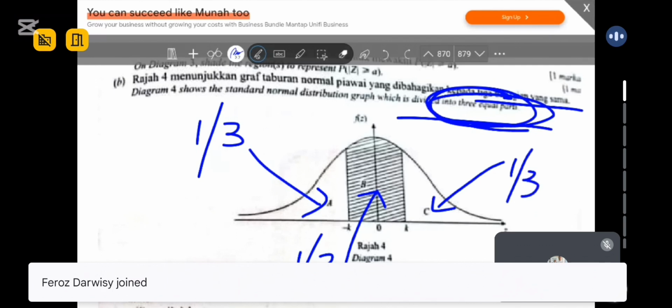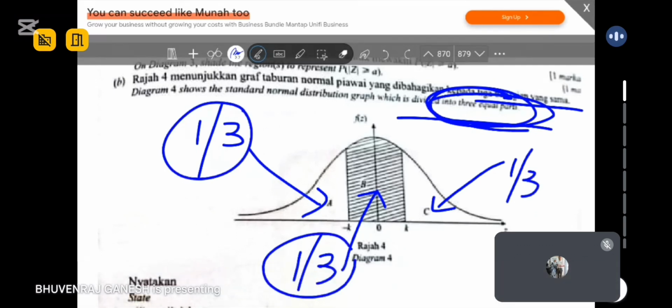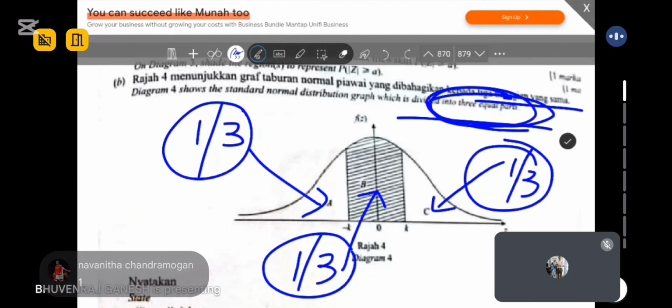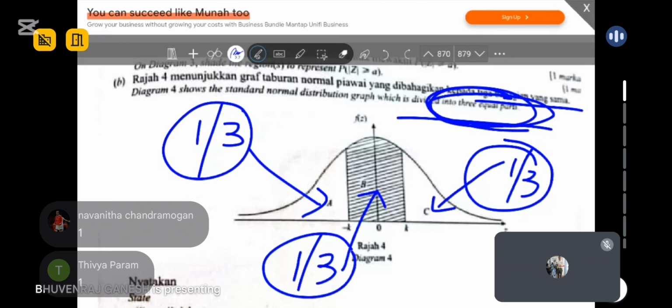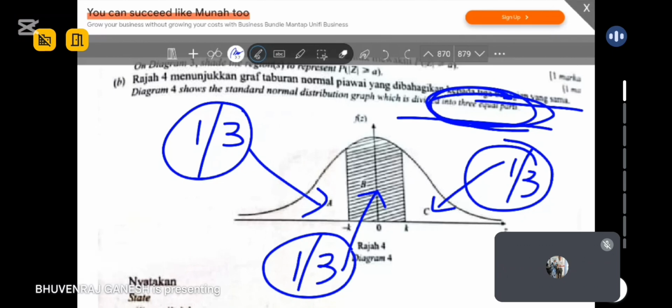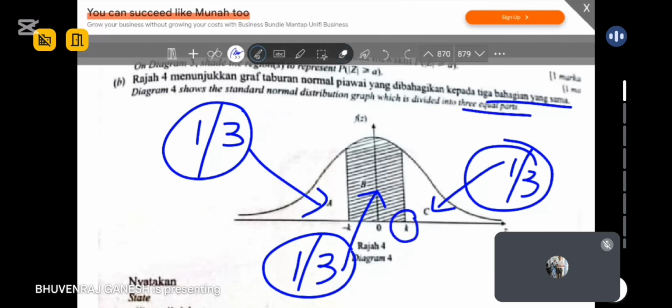Can you understand? Because the total probability must be what, guys? 1, right? Yes. That's why 1/3 plus 1/3 plus 1/3 equals 1. That's why they say divided into 3 equal parts. So now, can you find the K?